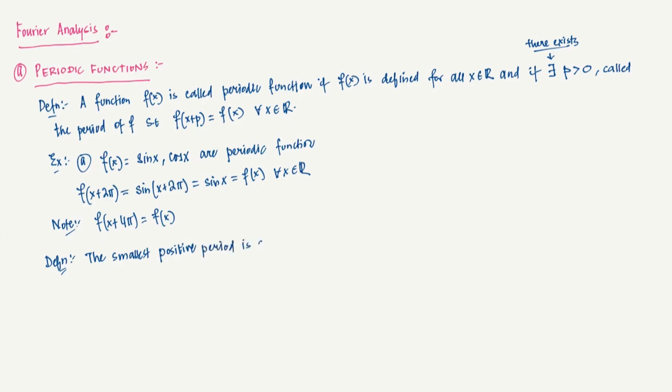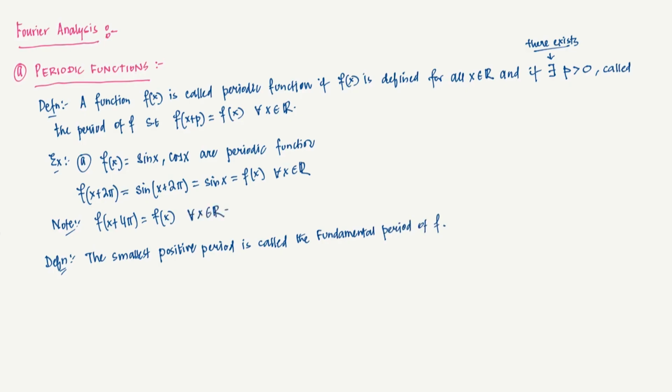In all future references, whenever we talk about a period, we will be talking about the fundamental period of the function f. I hope this is clear. This holds for all x in R.